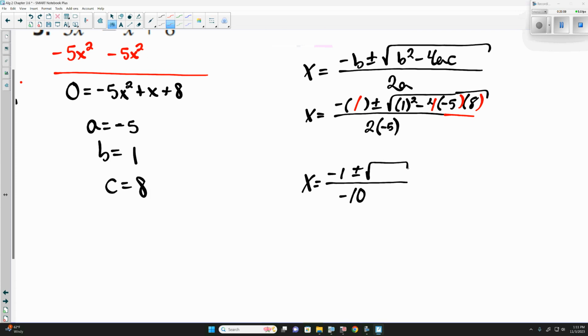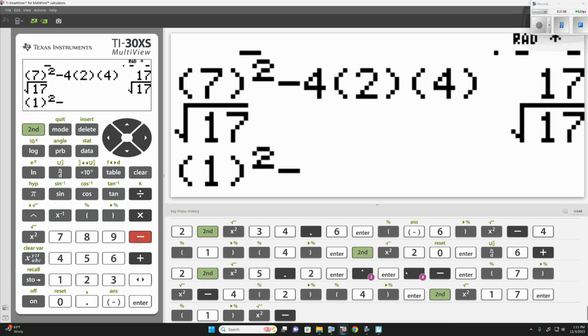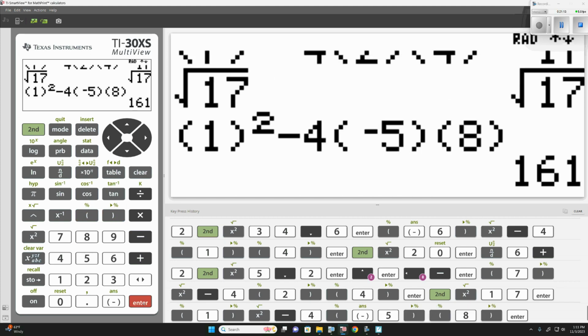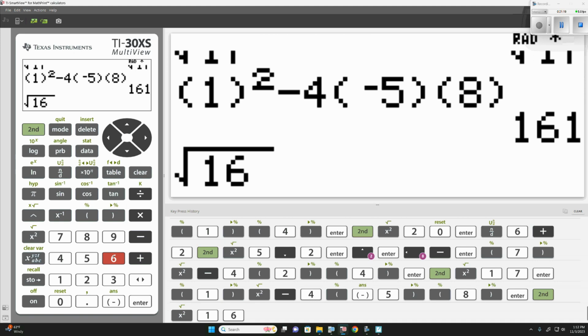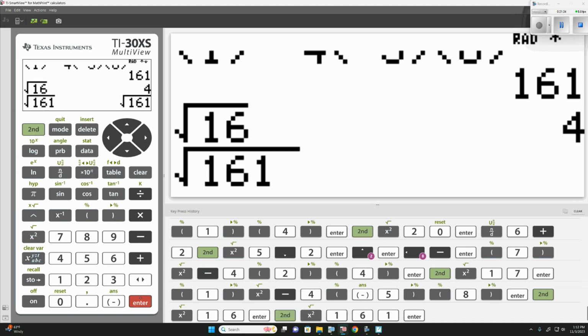Now we need to see what's inside the radical. Our 1 squared minus 4 times negative 5 times 8. 1 squared minus 4 times negative 5 times 8 is 161. So 1 squared minus 4 times negative 5 times 8.